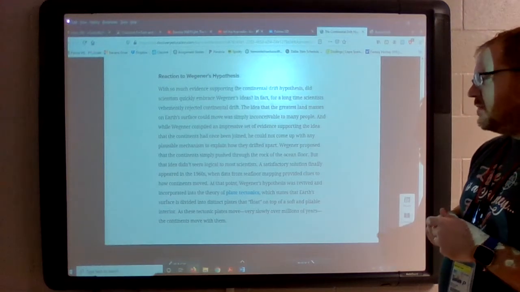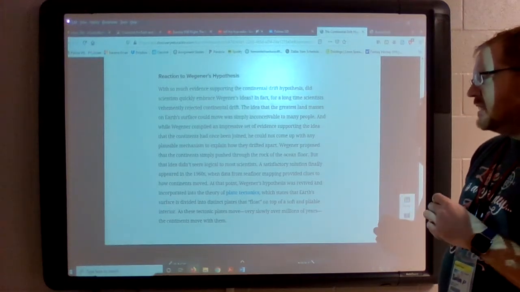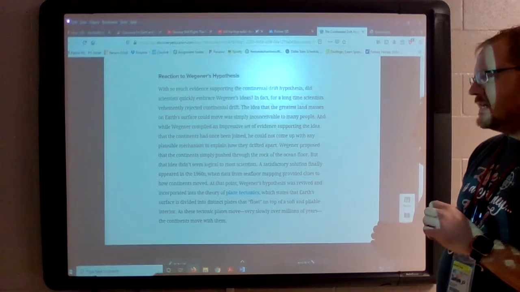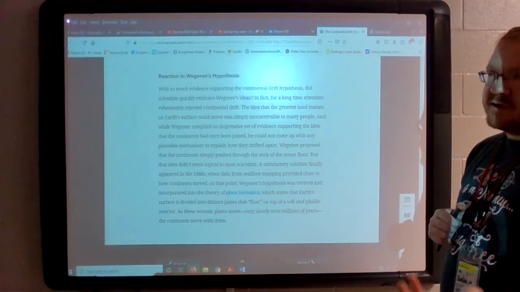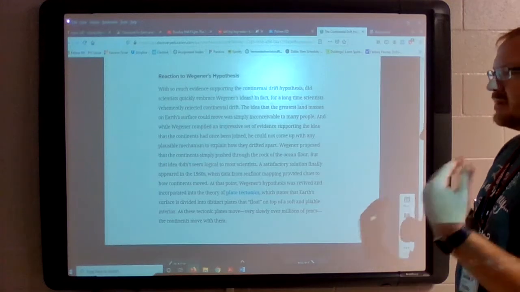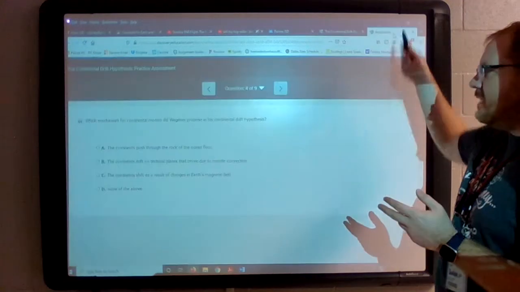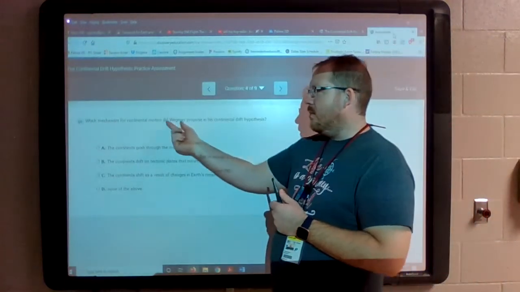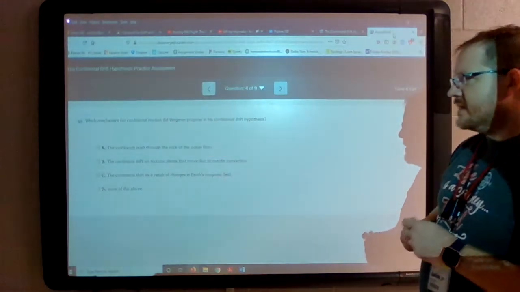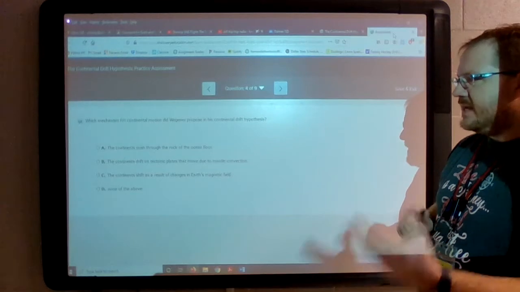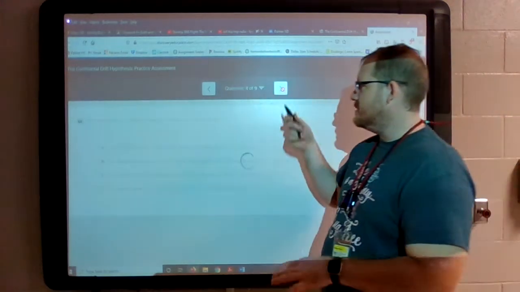They talk about why he thinks that the continents are moving around. That ends up being wrong. He was wrong about that particular part, but that is the answer to the question. They want to know what mechanism Wegener proposed for the continental drift hypothesis. And so it should be in that last section towards the bottom of the page.